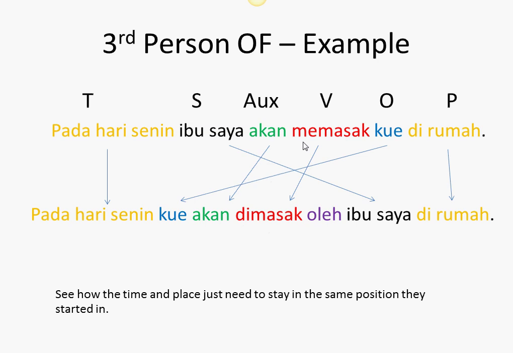It's just changed from a m to a d to mark it's in object focus. Oleh, again, has come into the space behind the verb, and the subject has gone at the back. So again it's gone from on Monday mum will cook the cake at home to on Monday the cake will be cooked by mum at home. So it's just switching the focus from the person to the object.